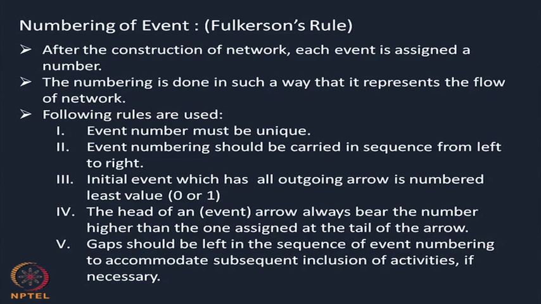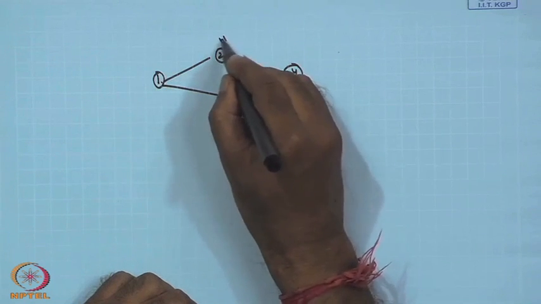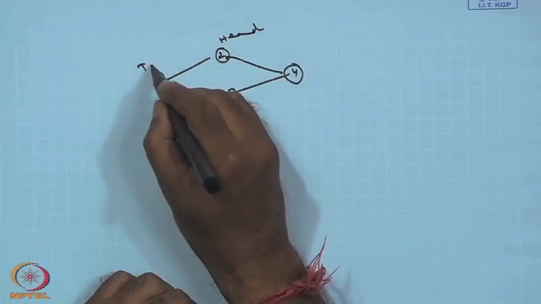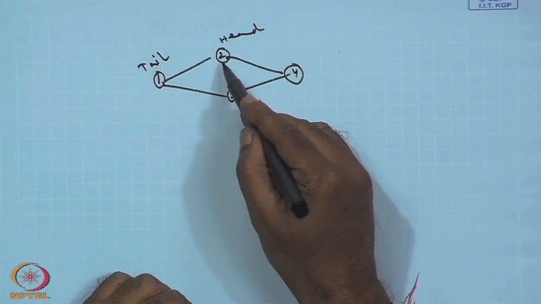The head of an arrow always bears a number higher than the one assigned at the tail of the arrow. That is, in the figure, from 1 to 2, the numbering of the tail must be lower than the numbering of the head.